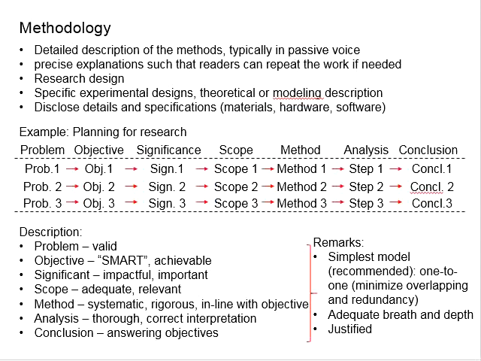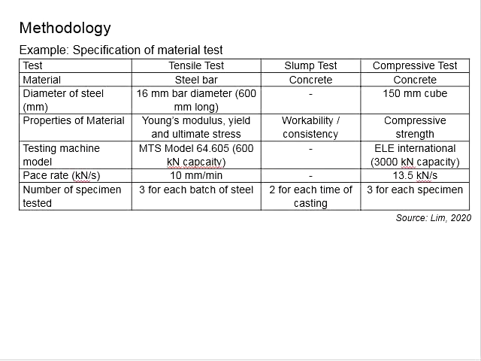You need to provide sufficient information for the reader to be able to repeat or replicate your work if it is necessary. These are a few examples of how you can present your information in the chapter of methodology.